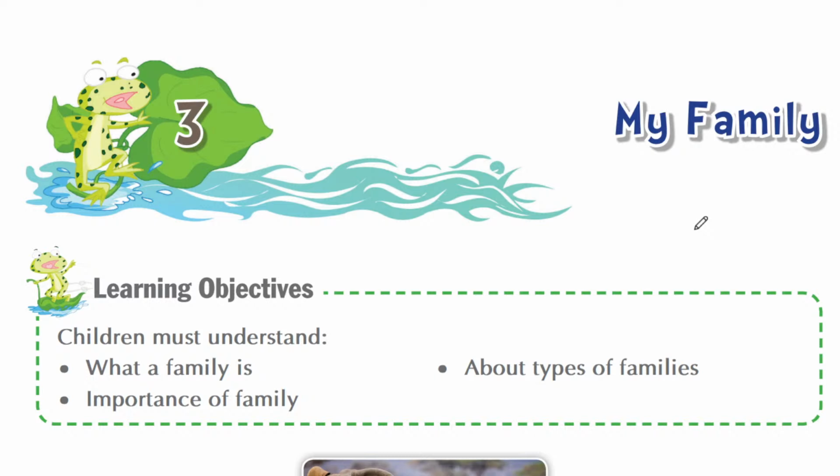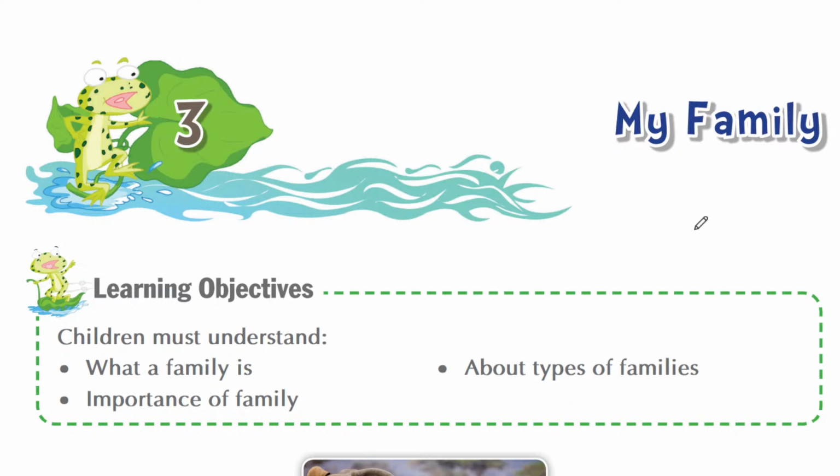Today we are going to discuss chapter 3, that is My Family, of the class 1 EVS textbook. This book is followed by Army Public School, and in this chapter the children must understand what a family is.